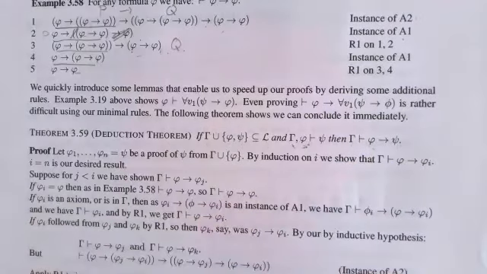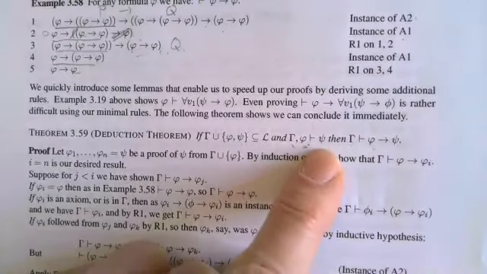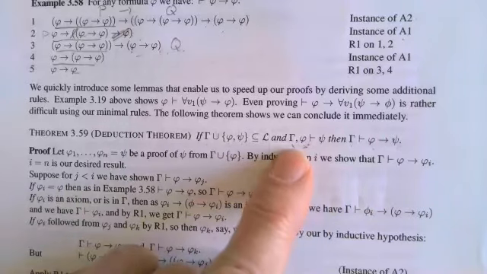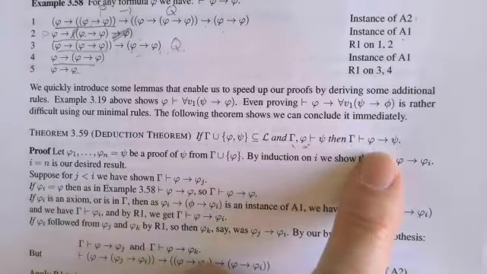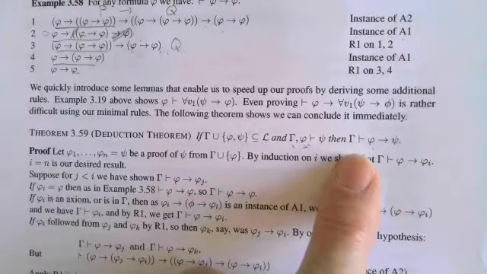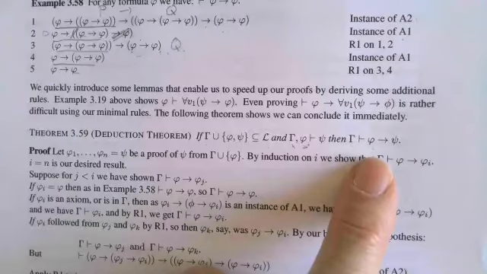And you can see there is actually something to do here. Just because I can deduce this symbol string, psi, using these as hypotheses, doesn't necessarily mean I can prove this symbol string just from gamma alone. But in any reasonable system, one ought to be able to do this.